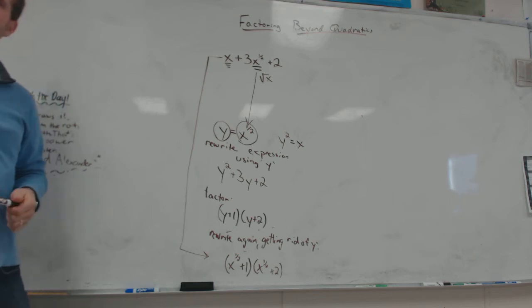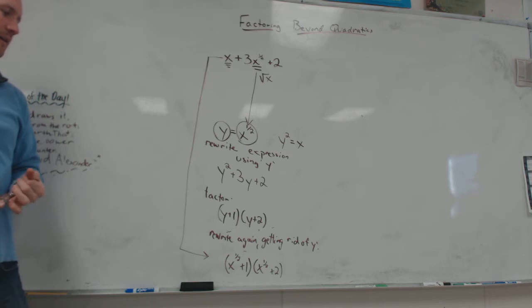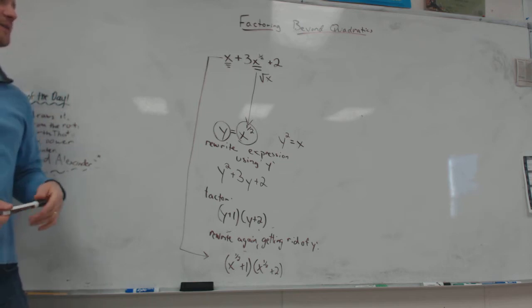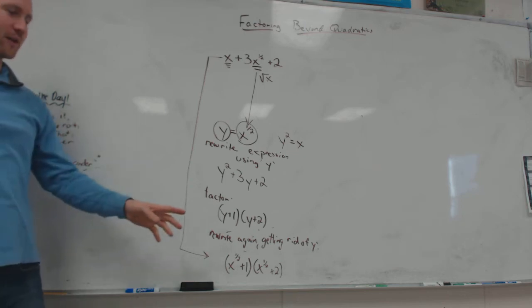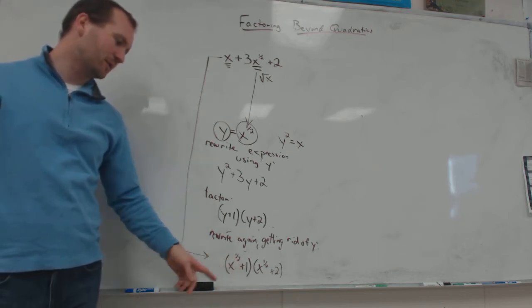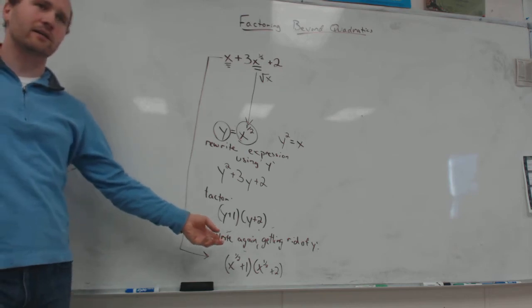How would you graph that? Yeah, so actually graphing these would be a little bit more tricky. But you have some place to start, right? You'd have to figure out what would make this into 0, right? Which wouldn't actually be that hard in this case.